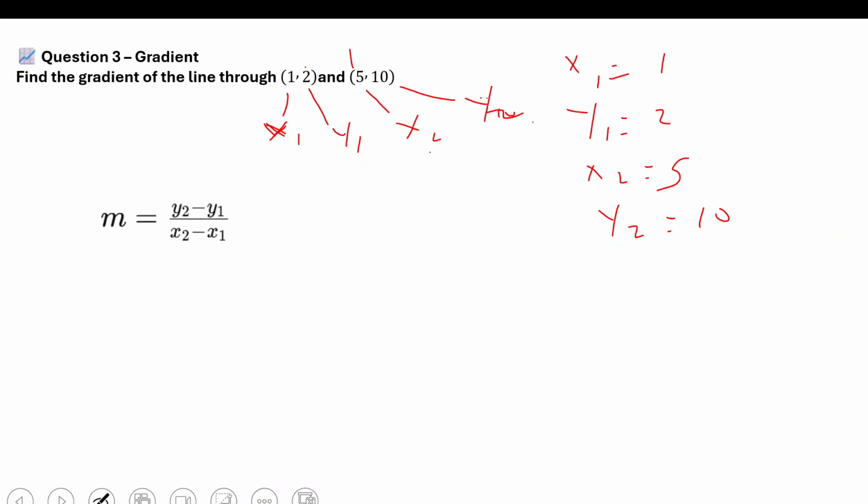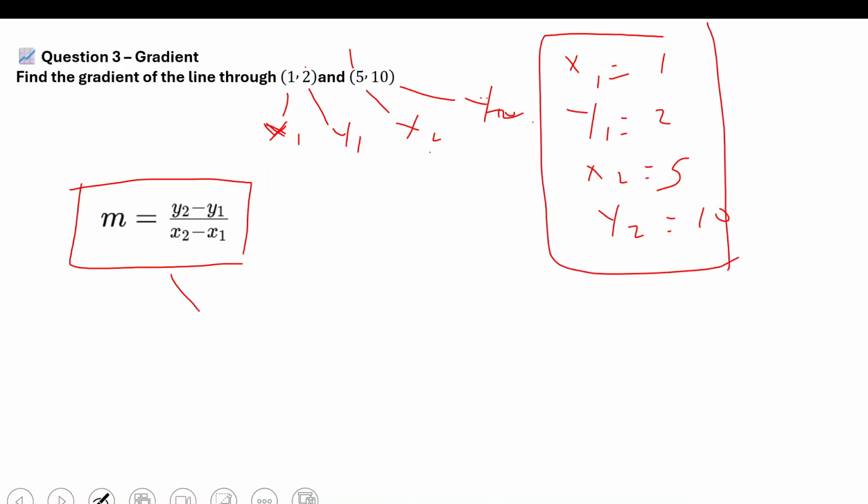So what is the formula for gradient? The formula is m, which is the gradient, is equal to y2 minus y1 over x2 minus x1. So we'll put everything in this formula. m is equal to y2, which is 10, minus y1, which is 2, all over x2, which is 5, minus x1, which is 2.